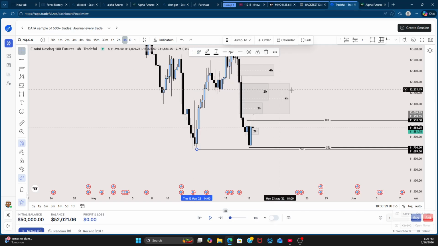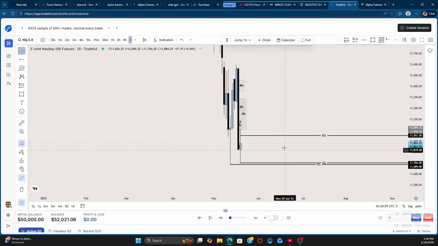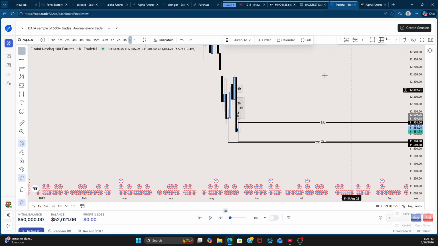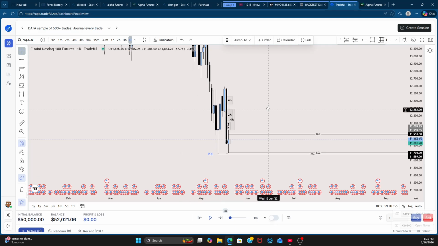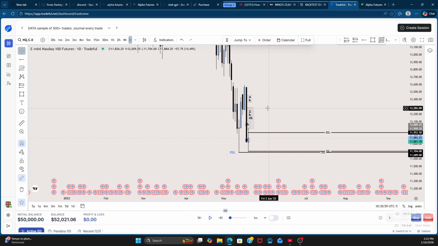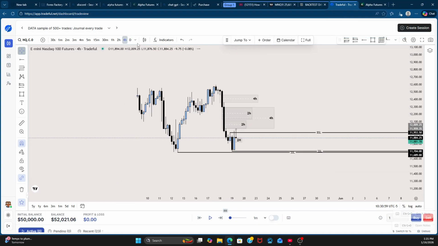Let's go on the daily first, because yeah, this is a daily low. Previous day low. We'll do it like that. We'll take a picture, download the image, go to the 4 hour.